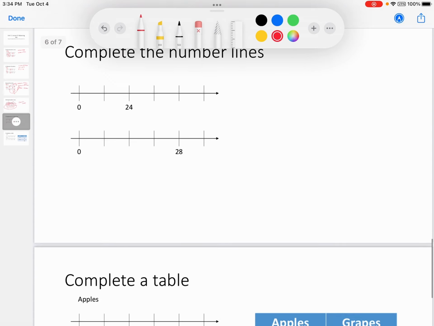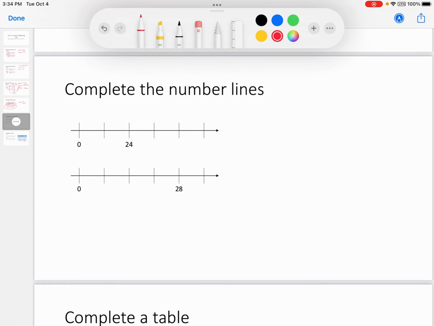Okay, so now let's have you complete this number line. This is 24. We need a number that's halfway between 0 and 24. Well, that would be 12. So this goes by 12, this should go by 12, that makes this 36, then 48, then 60.